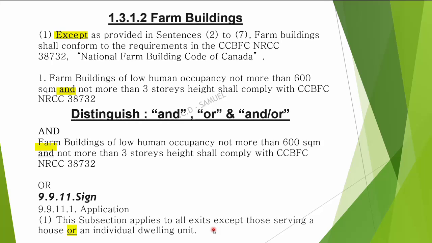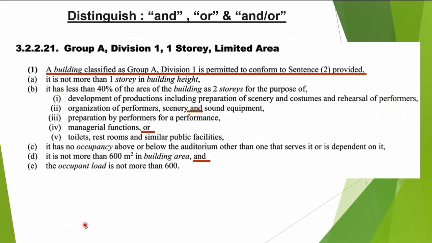So or means it could serve one of the two. Also keep note of the except. That's a very important thing. Except and or, not more than, all of those things you must keep at the back of your mind every time you're reading the building code. Now let's distinguish and, or.